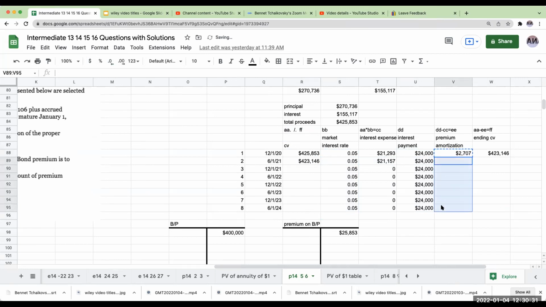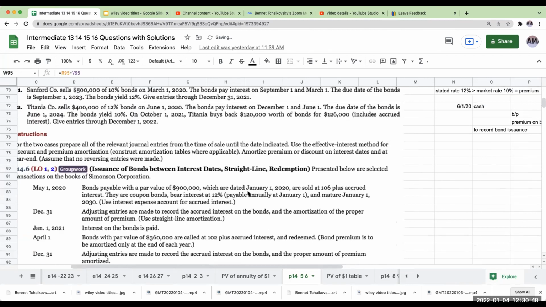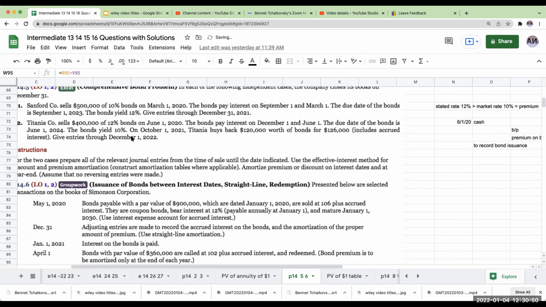My premium amortization right over here. And when I do the ending carrying value, I get down to 400,000. So this miraculously worked right on the money. So this is what I'm going through and going to do. Now let's go ahead and take a look at this second part right over here.